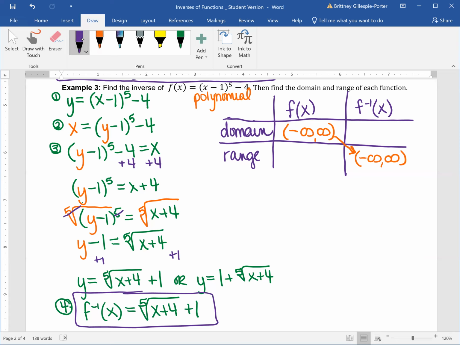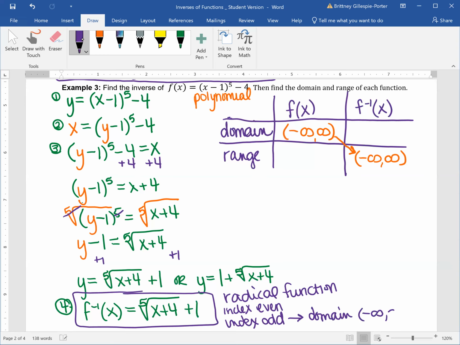Our inverse function is a radical function. Remember, radicals with the domains fall into two categories: the index is even, or the index is odd. If your index is odd, your domain is immediately negative infinity, positive infinity.